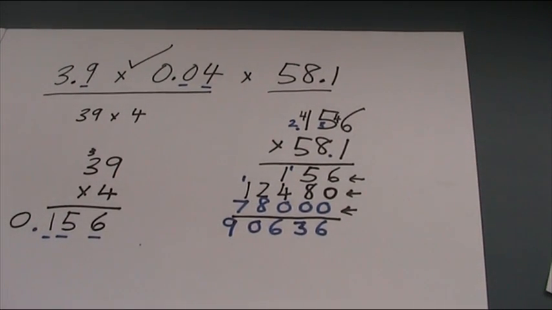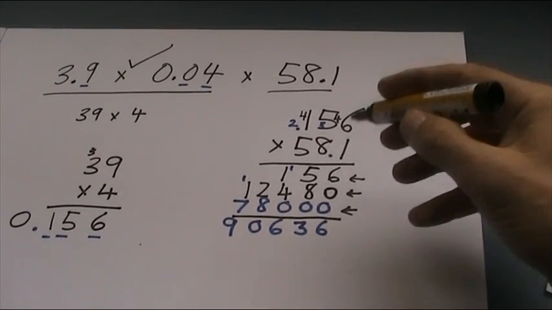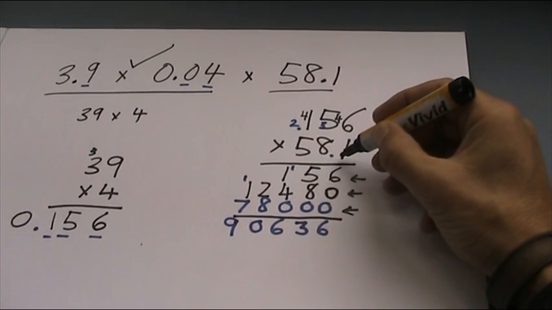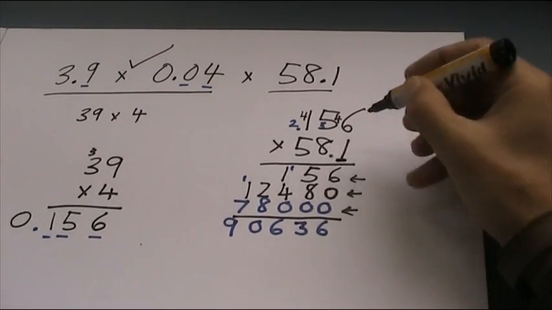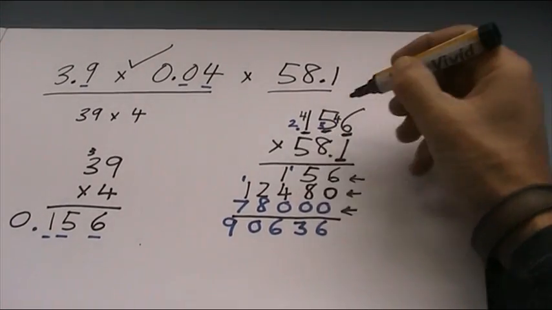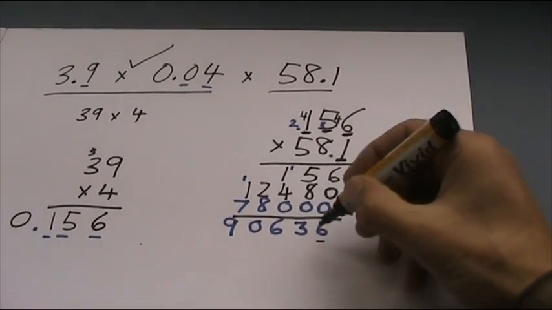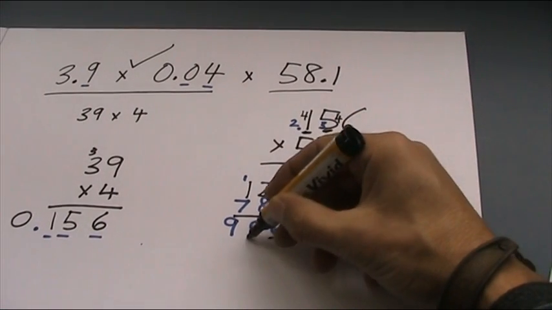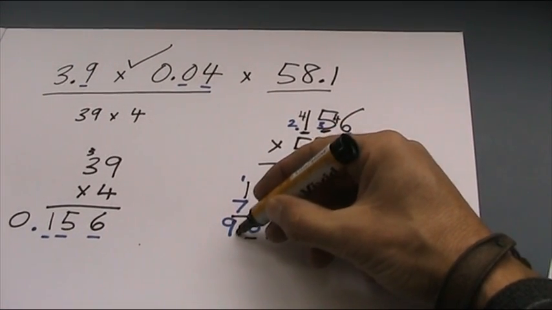So we're almost at the end. Where does the decimal point go? We go back up to here and we count how many digits are behind the decimal point. We've got 1, 2, 3, 4. So we'll have 1, 2, 3, 4. Decimal point goes there.